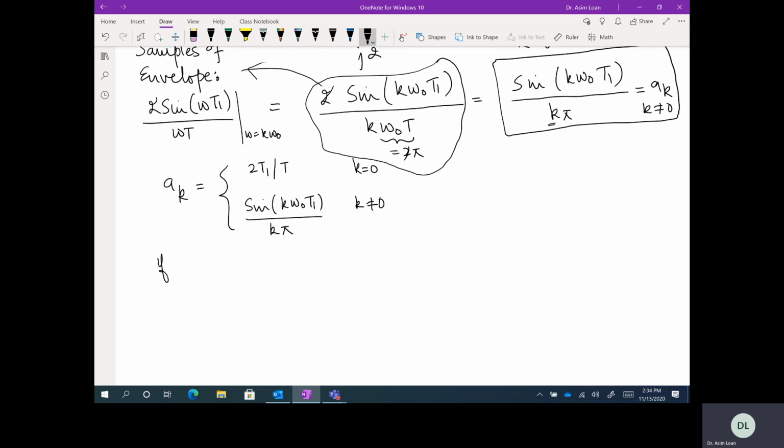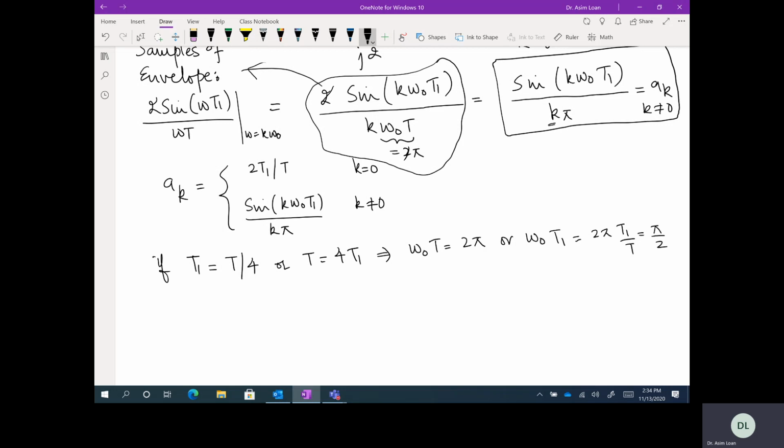So if t1 is T by 4, or T is equal to 4 t1, this implies omega naught T, which is equal to 2 pi, or omega naught t1, which is equal to 2 pi into t1 over T, and t1 over T is 1 by 4, so this is pi by 2.